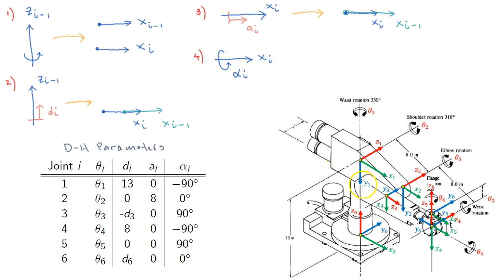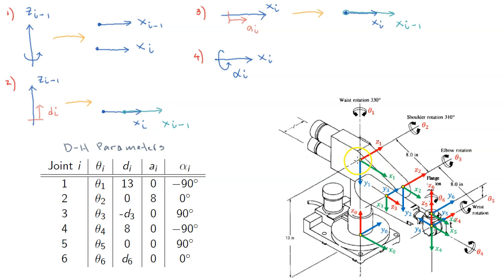So that is D1. As we can see from here, we have to translate this much in order to make X0 and X1 be on the same line. So D1 is 13 inches as given here, right? So you can imagine this coordinate frame has gone up here with Z0 pointing upwards and X0 pointing here.